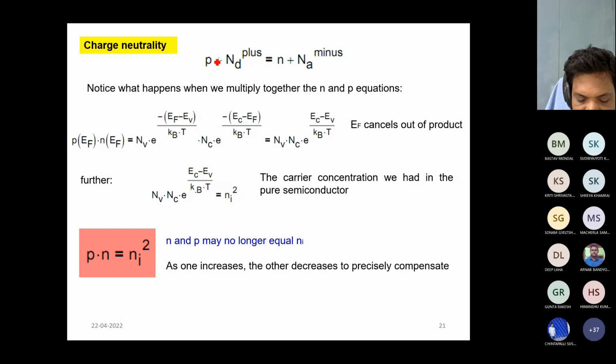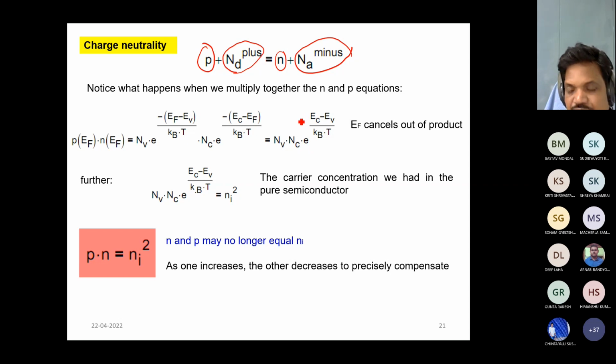So whatever the number of holes generated within the semiconductor, plus the positive ions, that is Nd plus, Nd plus meaning the donor atoms donating electrons and getting positively ionized, should be equal to the number of electrons plus the number of acceptor ions, that is, negatively ionized acceptor atoms. This is the charge neutrality formula.